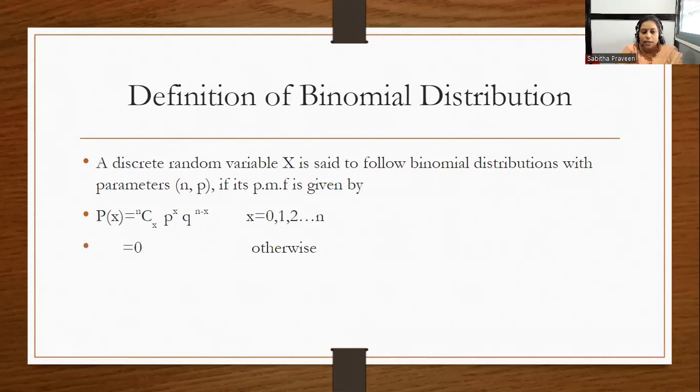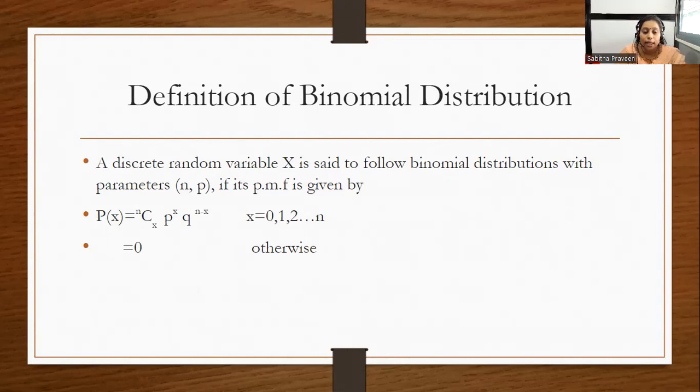That means X takes values from 0 to n, where n is the number of trials. Suppose you perform the experiment 5 times, the possible values of X will be 0, 1, 2, etc. up to 5. So if X takes any value from 0 to n, then the corresponding probability will be nCx p raised to x q raised to n minus x.